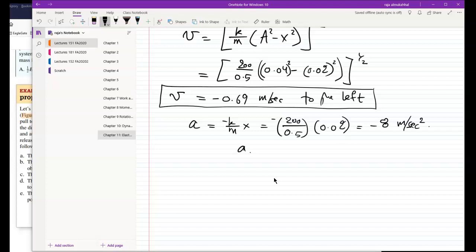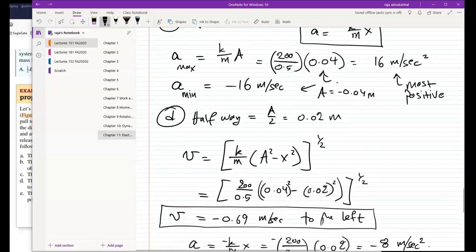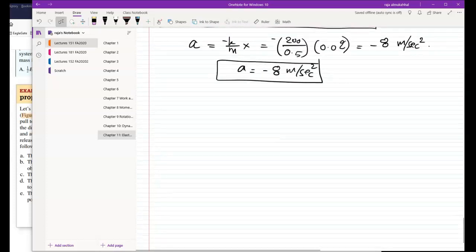Okay? Oops, I forgot the minimum should be negative 16 right here. Negative 16 meters per second squared. Okay, not per second, per second squared, right? Okay. And there we go.